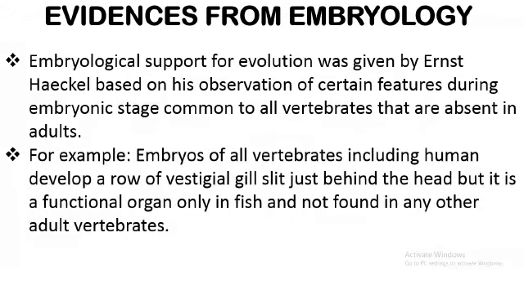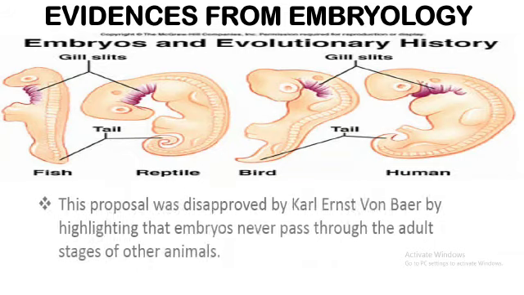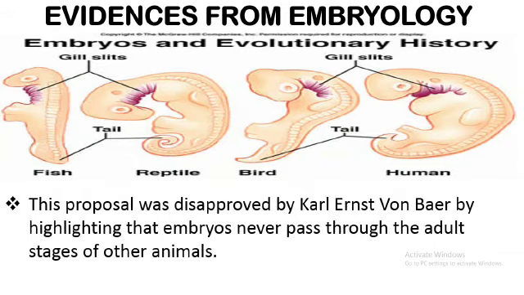For example, embryos of all vertebrates, including human, develop a vestigial gill slit just behind the head, but it is a functional organ only in fish and not found in any adult vertebrate. So to see this, let us make use of this diagram. You can see the vertebrate embryos: fish, reptile, bird, and human.